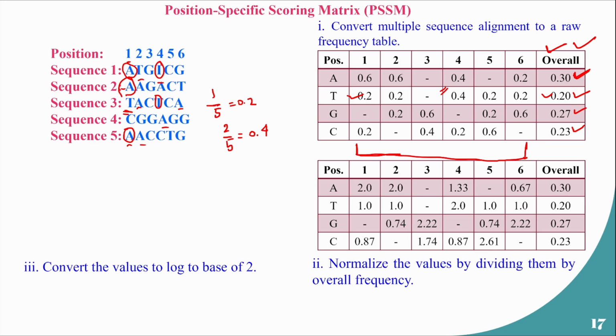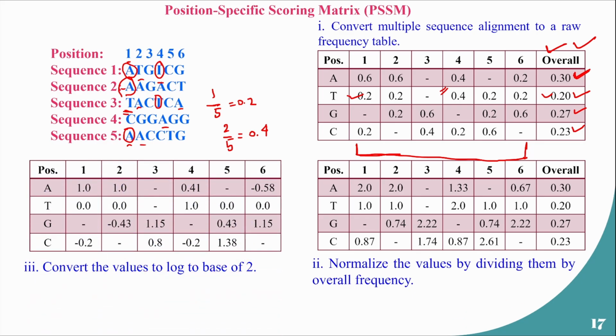And then again, as for all of these matrices, we convert to basically log to the base of something. So here we are converting to log to the base of 2, and that will give you this kind of matrix. Okay.